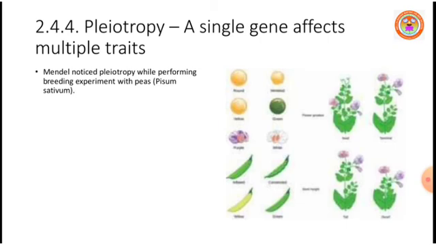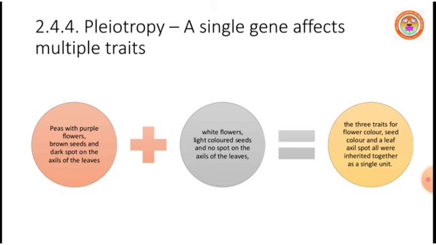The three traits, flower color, seed color, and leaf axil spot, were all inherited together as a single unit.